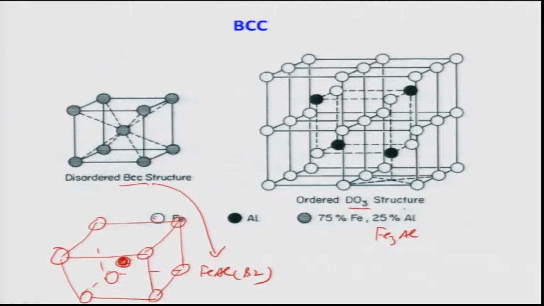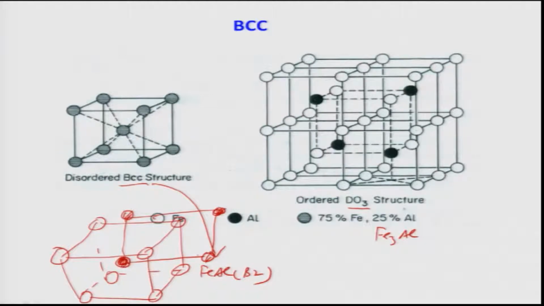So, that means if I have a large number of unit cells together, I can always define a simple cubic structure in which all the corner atoms are occupied by the iron. Similarly, if I draw many unit cells, then I can connect all the central atoms, which are occupied by aluminum, and have another lattice in which atoms are occupied by the aluminum atoms only.